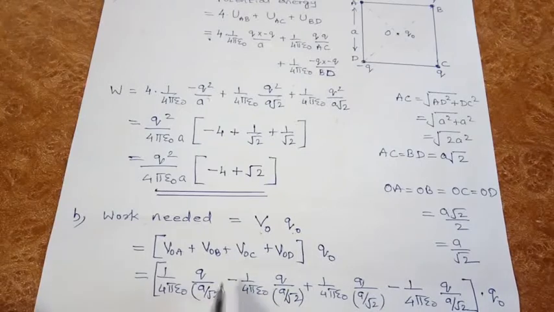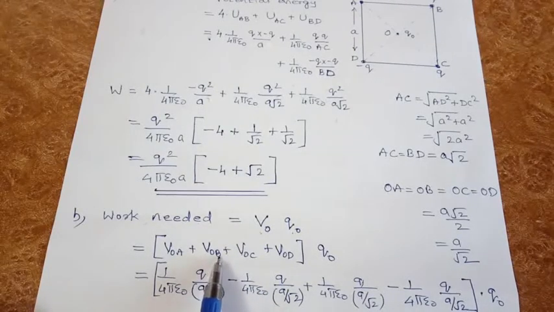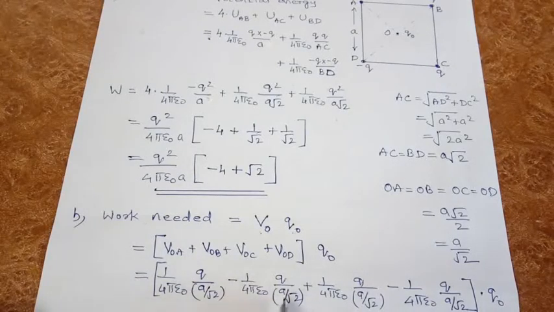A by root 2, plus potential at the center due to charge at B. Charge at B is minus. Therefore minus of 1 by 4 pi epsilon 0 Q divided by A by root 2, plus 1 by 4 pi epsilon 0 Q divided by A by root 2, that is VOC. Similarly VOD also will be minus 1 by 4 pi epsilon 0 Q divided by A by root 2.